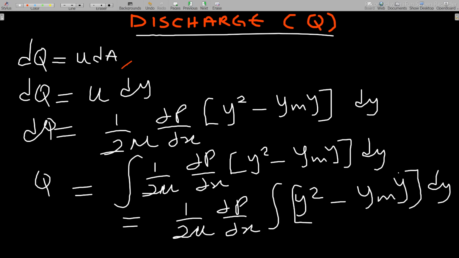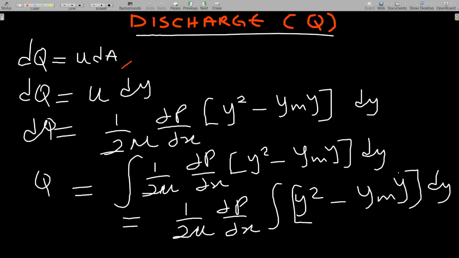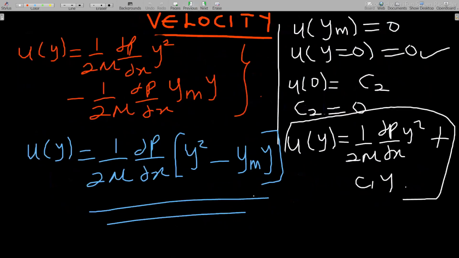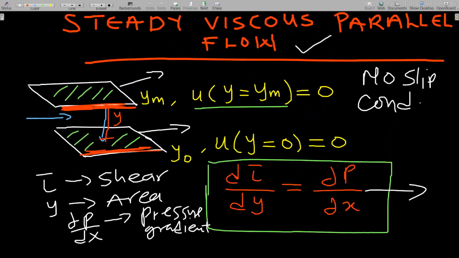Now the question is, are you going to do this straight away just like that? No, because if you do it, it means we'll get a constant in this integration. But we know that we are moving. What is the whole limit of the y? If you go back to our previous slide, the first slide that we have, y is moving from y equals 0 to y equals ym.